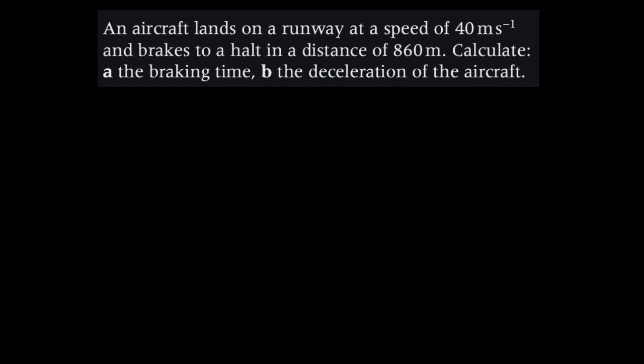So if I again read the question and try to understand what values have been given to me, I know that the initial velocity is 40 meters per second. So u is 40. And it brakes to a halt, so it comes to rest. So the final velocity v is 0.